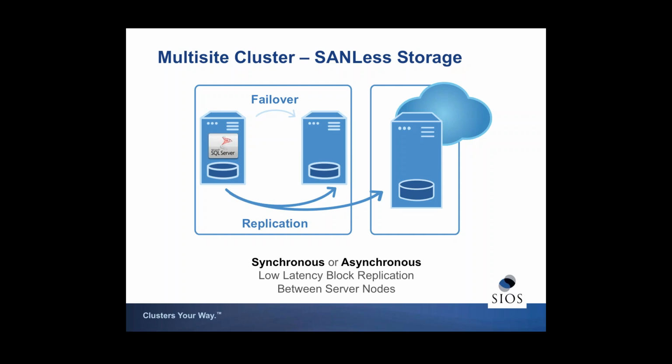So failover cluster just fails over the SQL instance to the node that it needs to, and it tells DataKeeper where the data should be replicated going forward. So you don't have to manage your HA and your replication separately. It's all, again, the way that the cluster looks and acts and feels, it's as if you had a traditional shared storage cluster, but we're eliminating that shared disk requirement here.